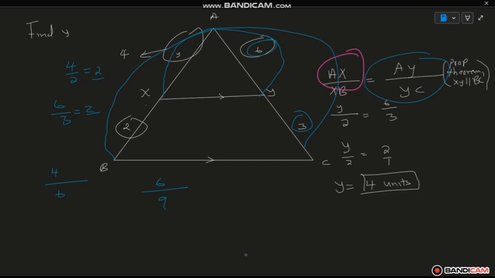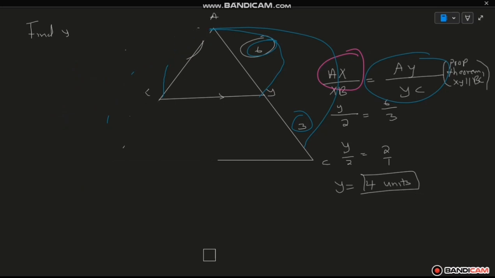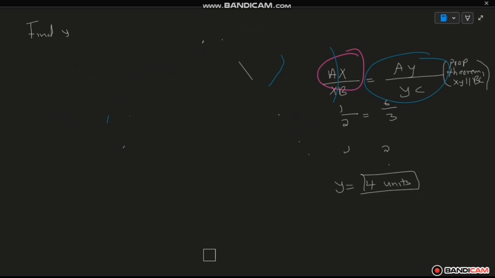Then you can use your calculator to check if this is correct, meaning 4 over 6 must be equal to 6 over 9, which is 2 over 3, 2 over 3. I hope it makes sense. So it's very, very important. You can use both ways, but you cannot use them if you didn't check if the proportionality theorem does exist in your triangle.